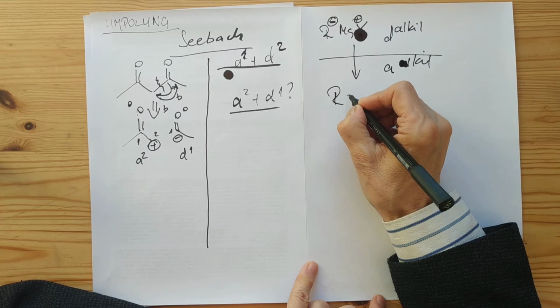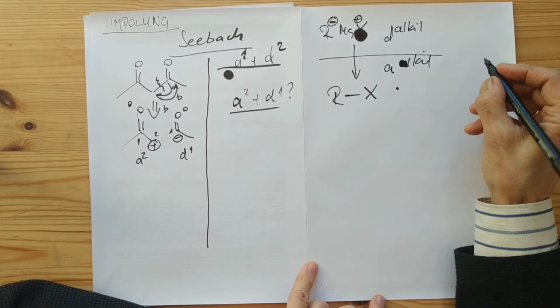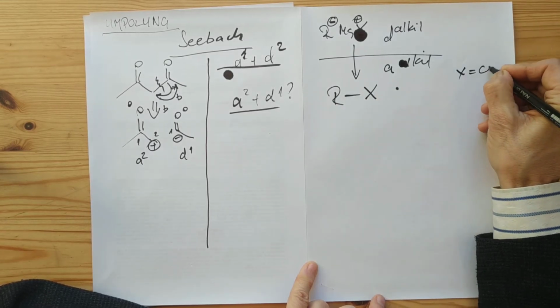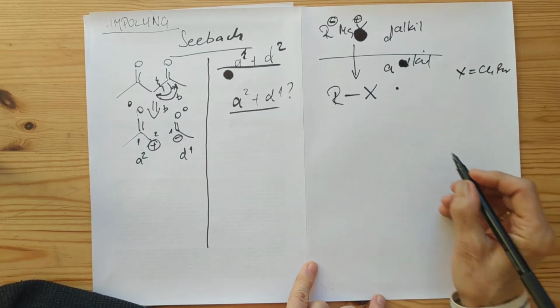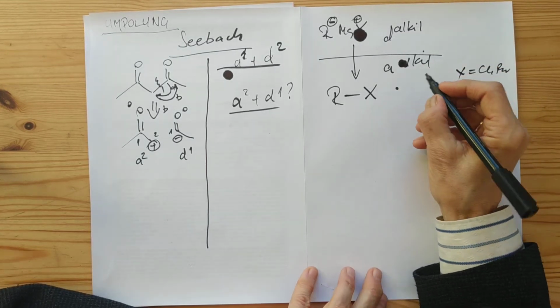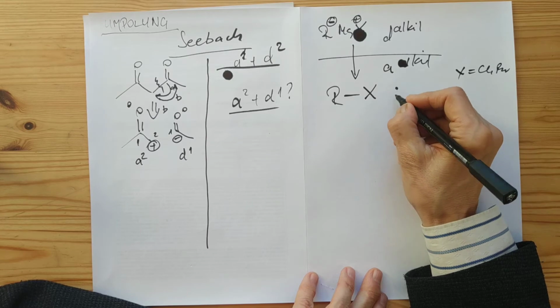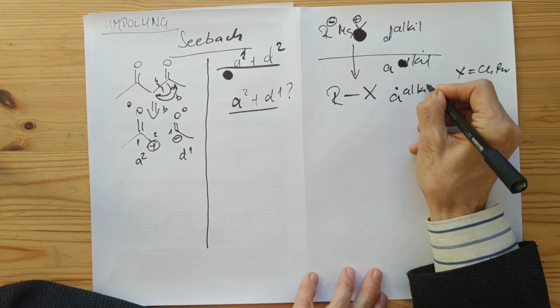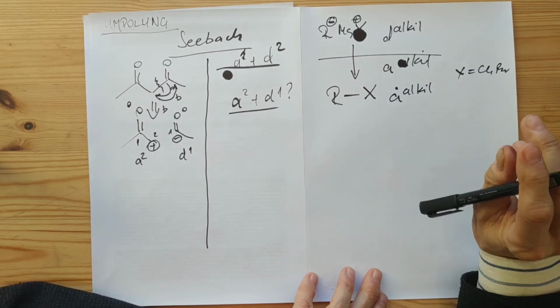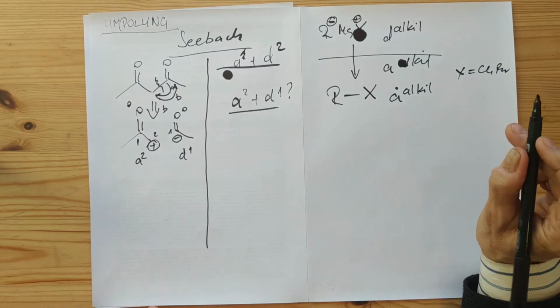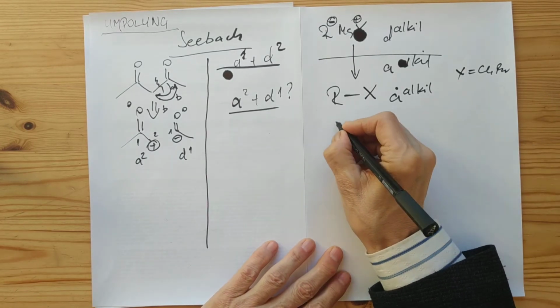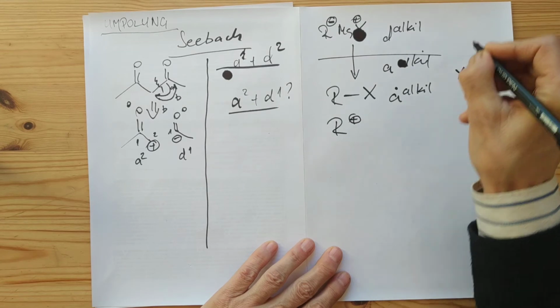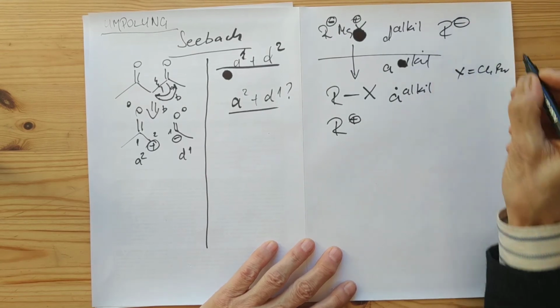It means RX, where X means chlorine or bromine. It will be the acceptor alkyl. Once more, acceptor alkyl, and the synthons would be R plus, R minus here.